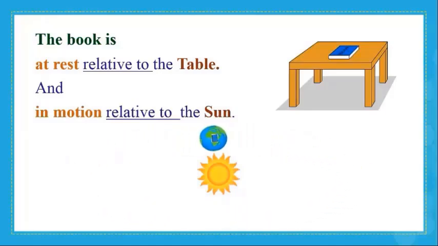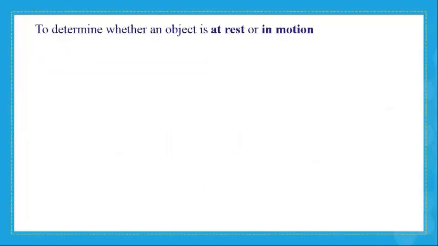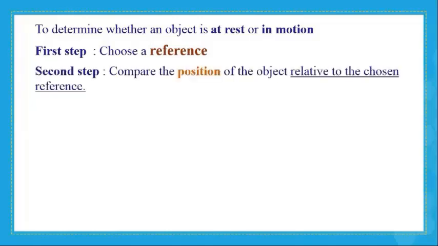Out from what you have seen, to determine whether an object is at rest or in motion, first step, we have to choose a specific reference. Second step, we have to compare the position of the object relative to the chosen reference.